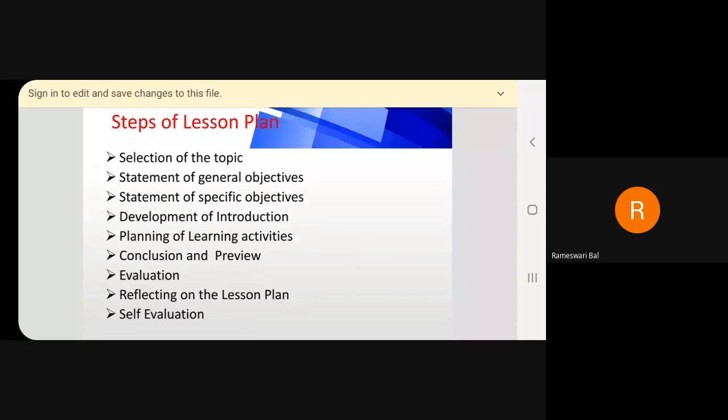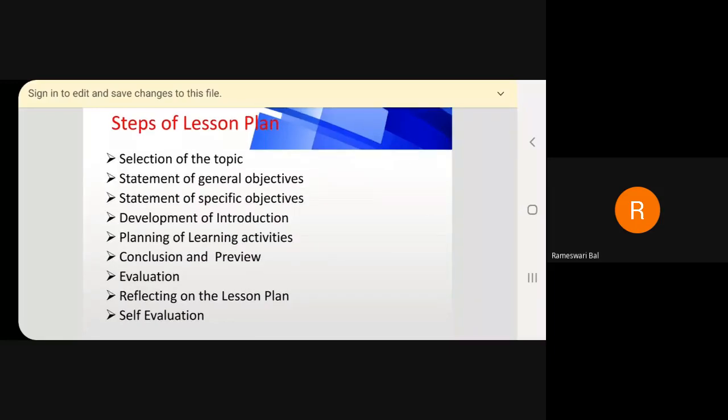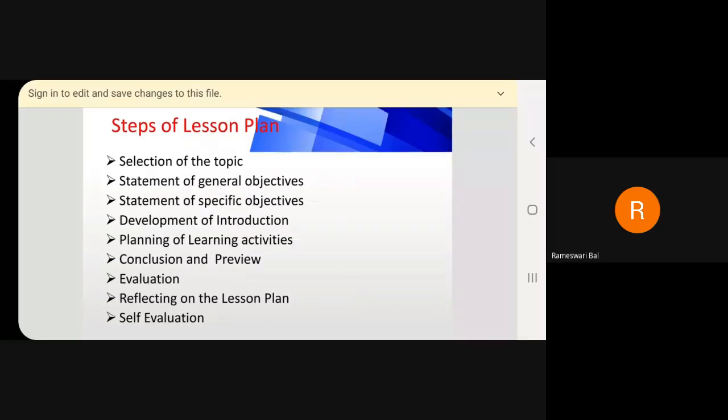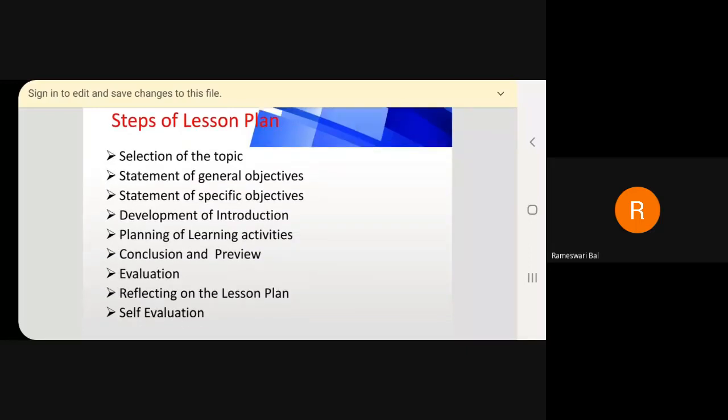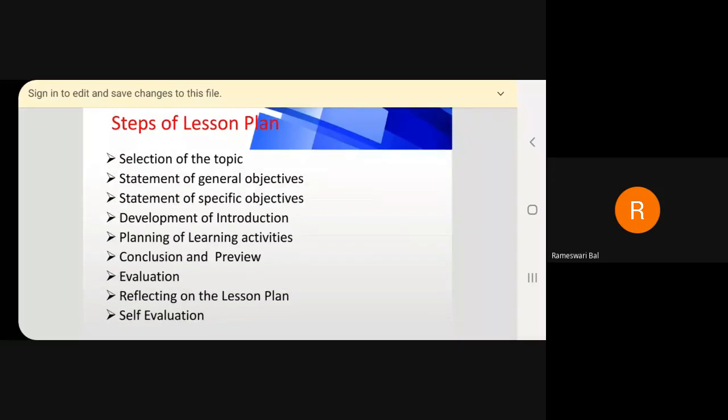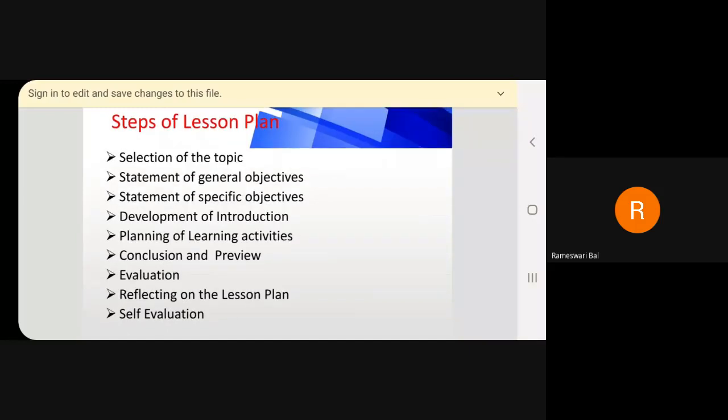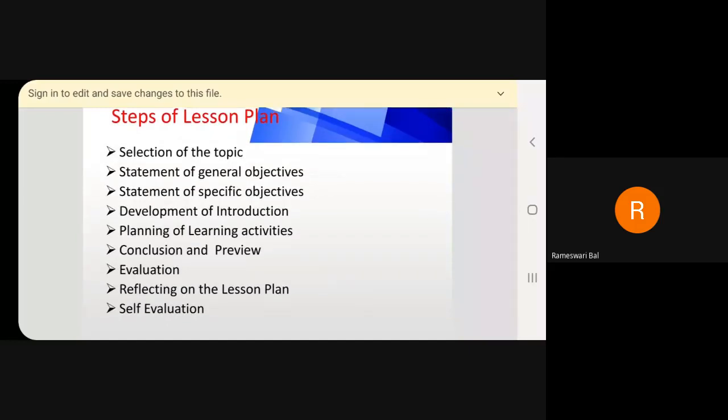Also, our writing in the notebook and our writing on the blackboard are different, so we should learn how to write on the board, how my handwriting will look nice on the board. These are all skills. As a teacher, we must have mastery over them, so that our lesson will be effective and we can be called an effective teacher.